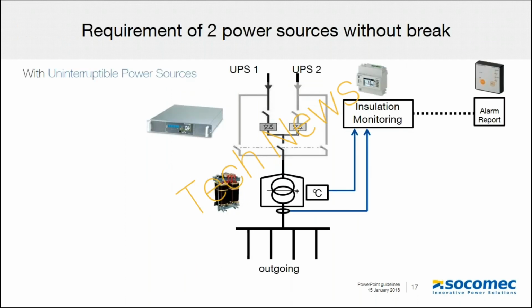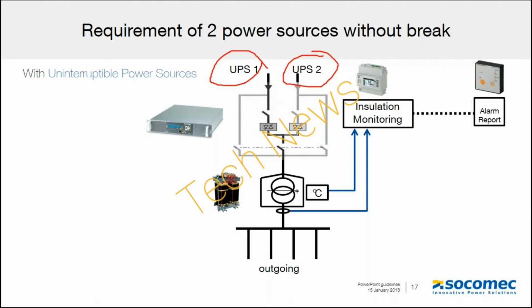In this architecture, it is similar to the example before. The IPS is not dependent on a single source. However, the key difference here is that the redundancy is provided by two UPS sources, UPS 1 and UPS 2.